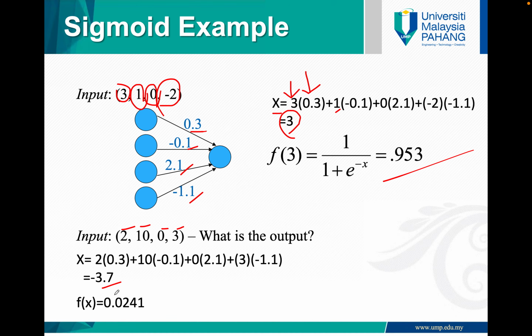You put it inside the sigmoid formula, 1 over 1 plus the exponent of minus 3.7, and then you will get 0.0241.